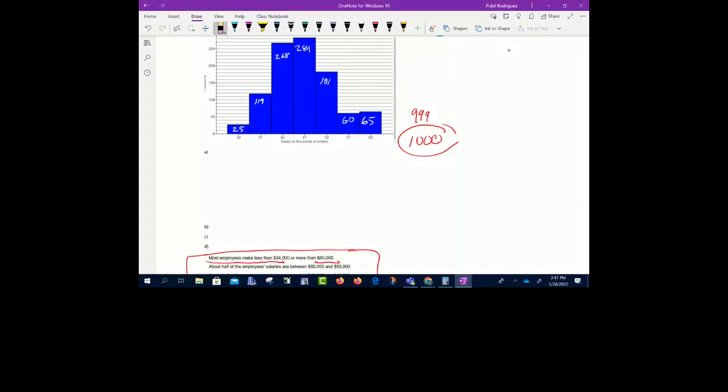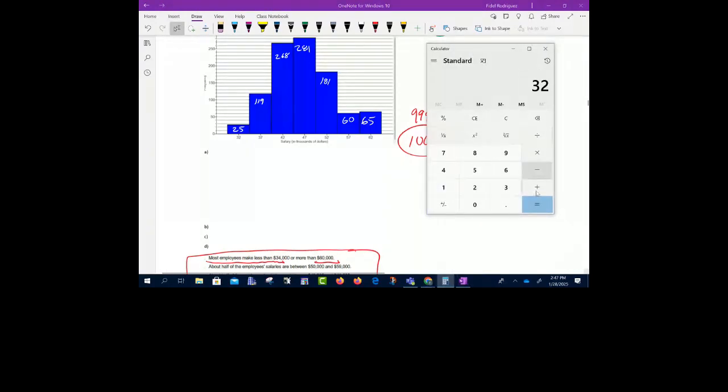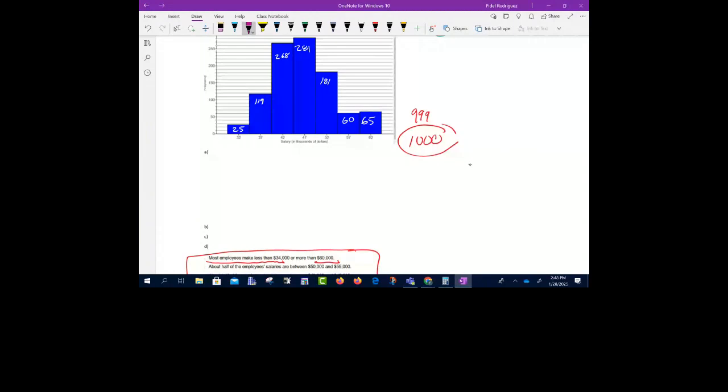Y'all, between 32 and 37. Sorry, I'm getting my calculator real quick. You know what? Let me do it right here. What's between 32 and 37? If we added those together and divided it by 2, 34 and a half. Okay, so right about here, y'all, just a little less would be 34, and 60,000 would be somewhere about this range.